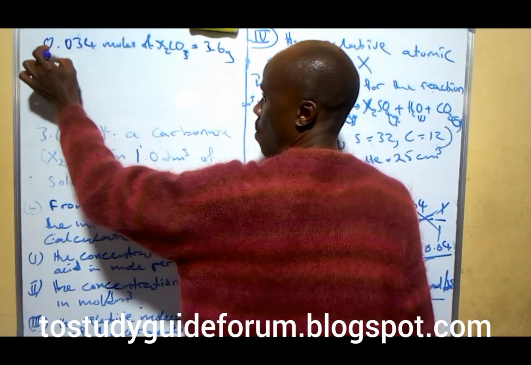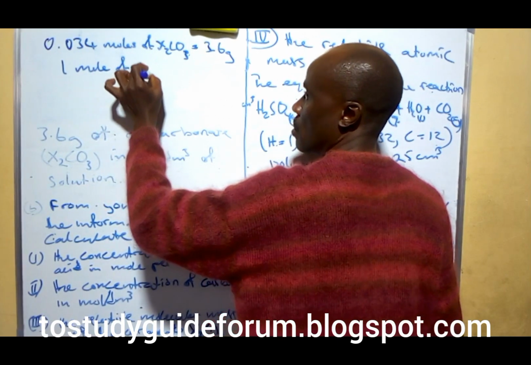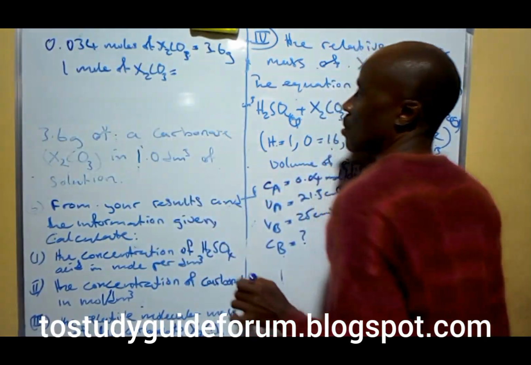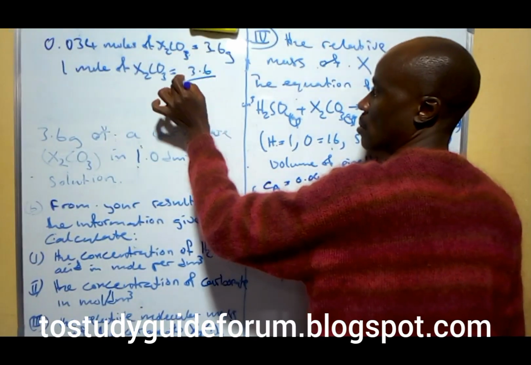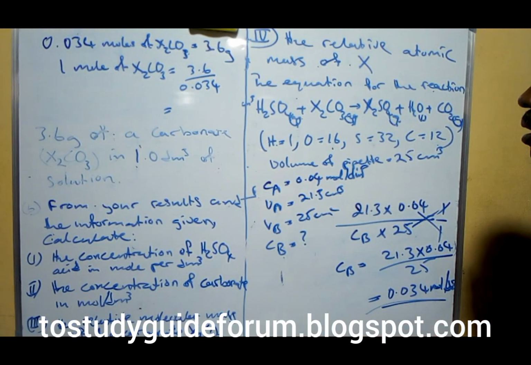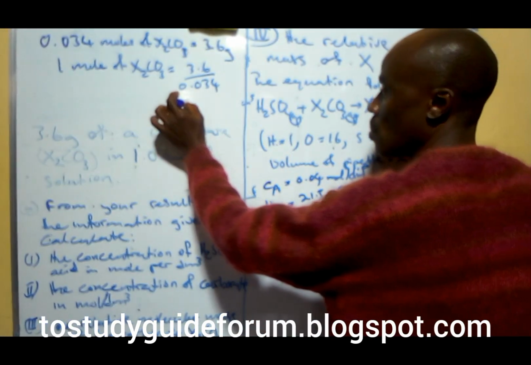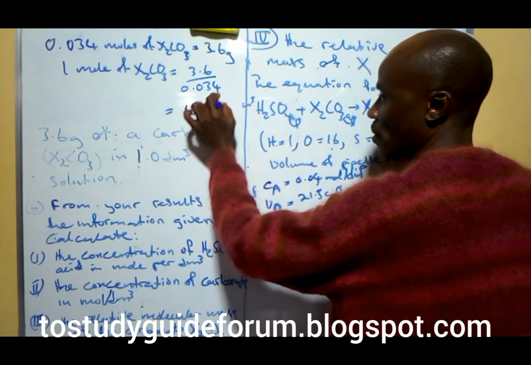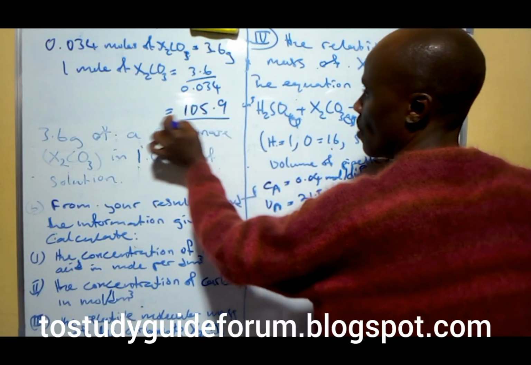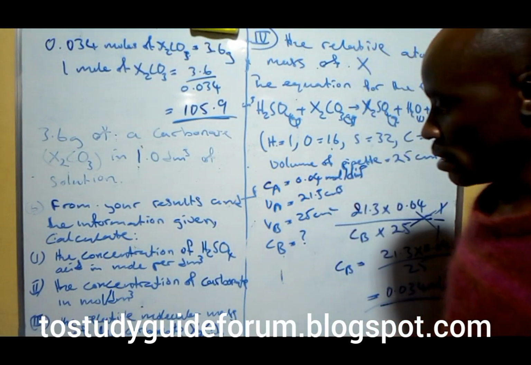Now 1 mole will then be 3.6 over 0.034, which will give us 105.9. That is what we have. So now we have the relative molecular mass of the carbonate.